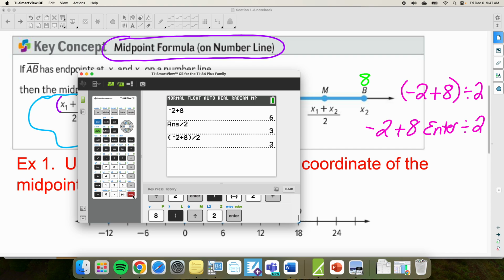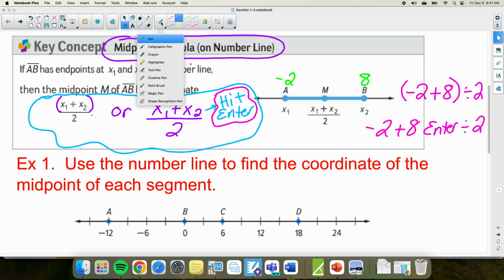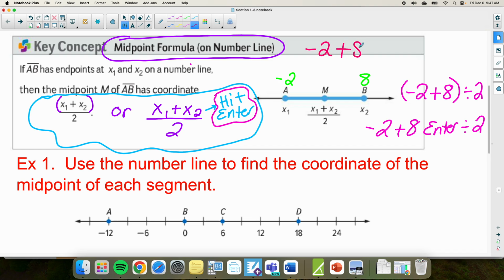However, the reason I'm being so specific about this: if you just went to your calculator and typed in -2 plus 8 divided by 2, and you didn't use parentheses and you didn't hit enter, your calculator is going to do order of operations, and it's only going to divide the 8 by 2. It's not going to add them together and then divide by 2. So that's why we can't do it that way, okay?